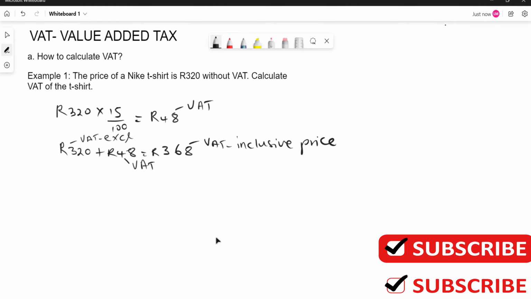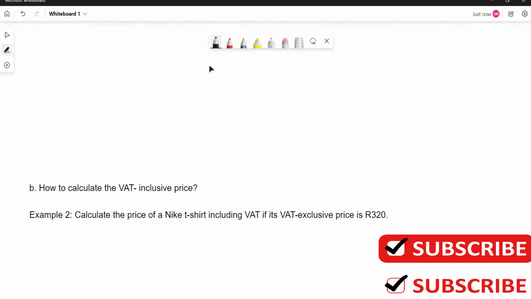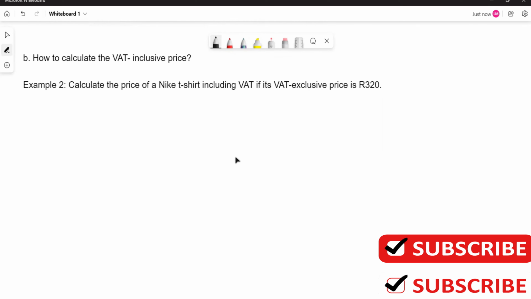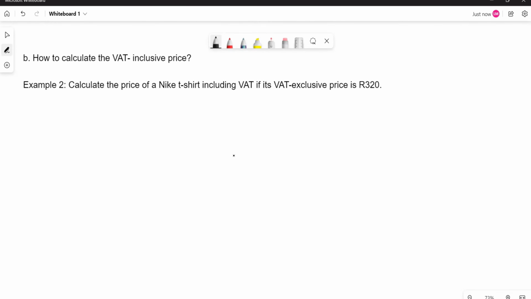So I just want us to look at a different calculation concerning VAT and how to calculate the VAT inclusive price. It's a single step calculation on how you can get straight to the VAT inclusive price, which is a price with VAT or a price which includes VAT. This example says, calculate the price of a Nike t-shirt including VAT if its VAT exclusive price is 320.